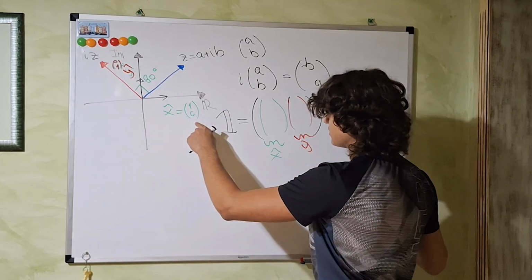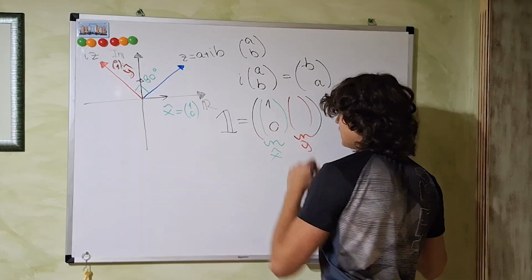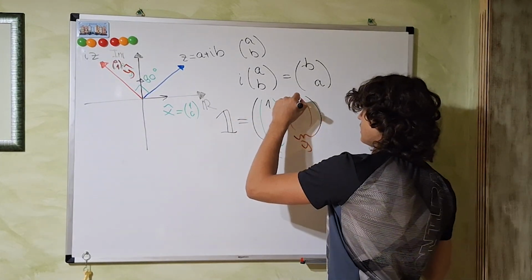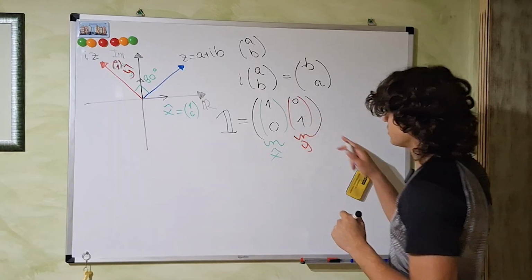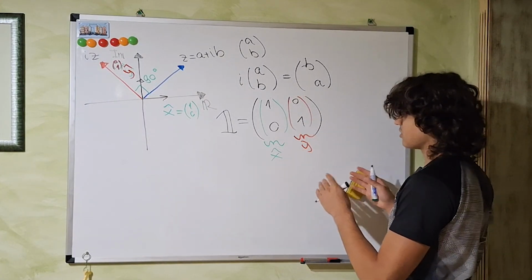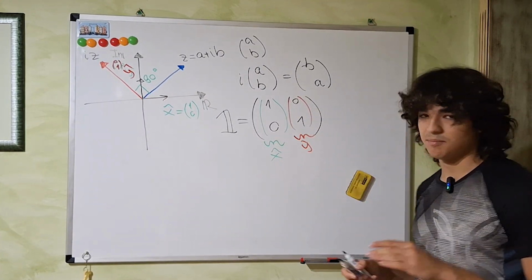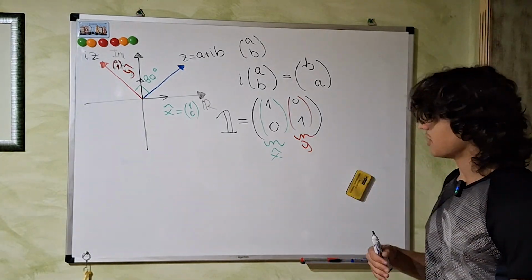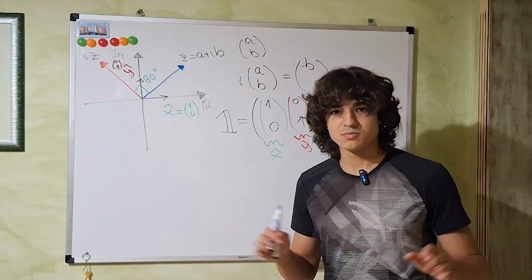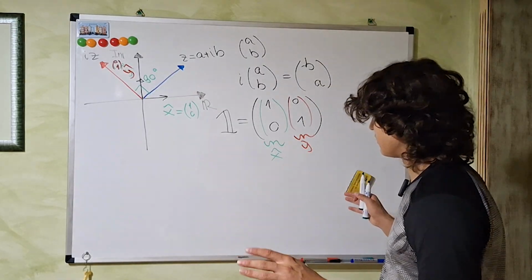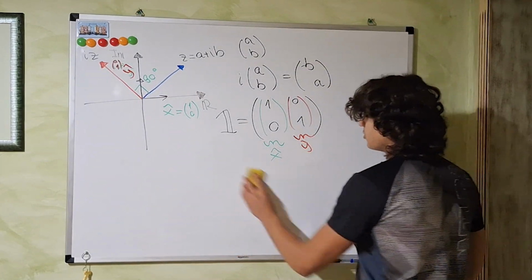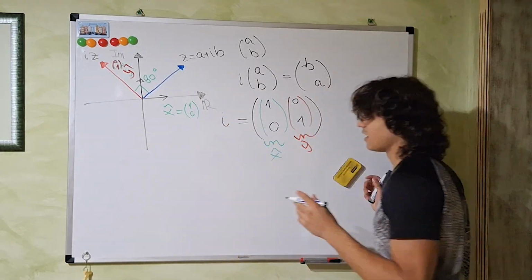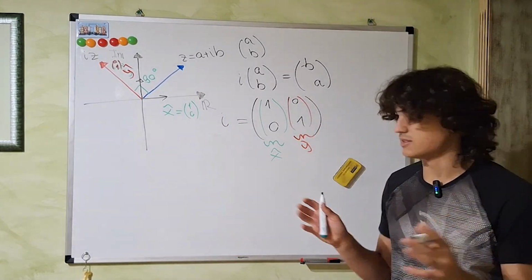So x hat remains unchanged, meaning it remains (1, 0), and y hat remains (0, 1). So if a vector is multiplied by this matrix, it remains unchanged because we're not changing anything. Instead, we're interested in i. i does something, it rotates by 90 degrees.